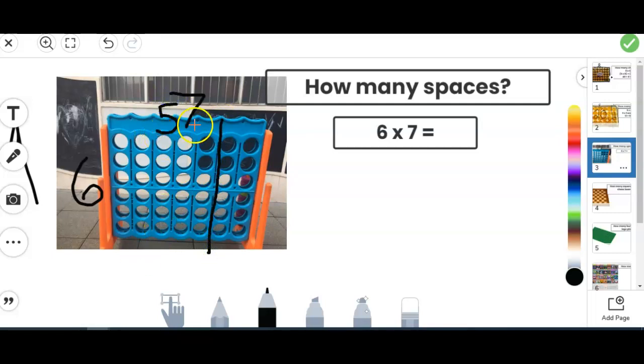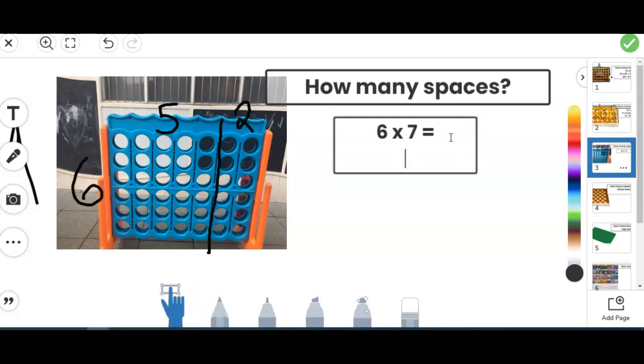There are now 5 columns on this side and 2 columns on this side. I'm going to rewrite it, write out my thinking to show what I'm thinking, and I've now got 6 groups of 5, and I've got 6 groups of 2.